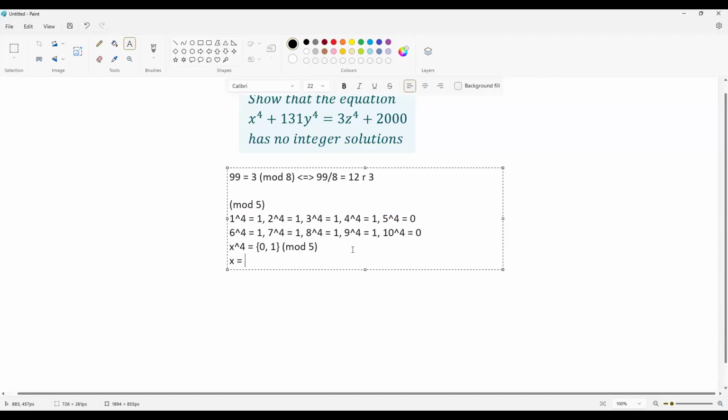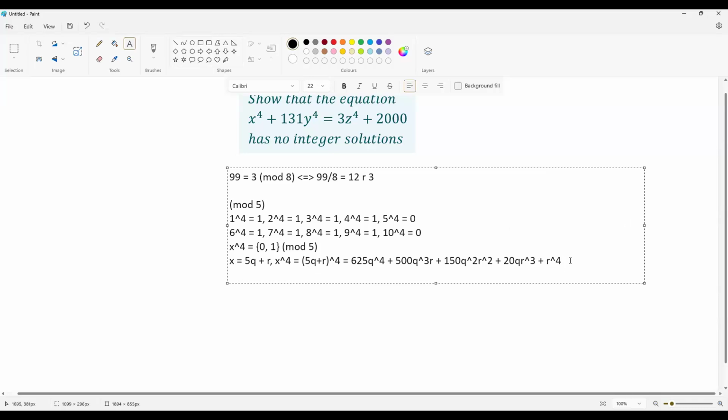Because say x is equal to 5q plus r, where these are just two variables, then x to the 4 is equal to (5q plus r) to the 4, which is equal to 625 q to the 4 plus 500 q cubed r plus 150 q squared r squared plus 20 q r cubed plus r to the fourth.